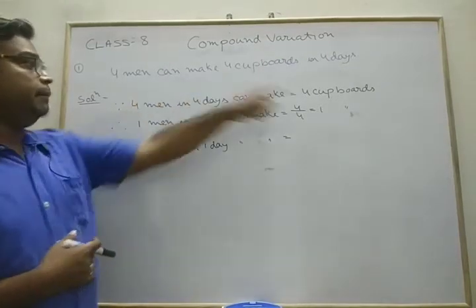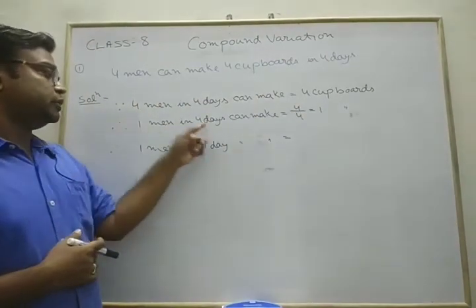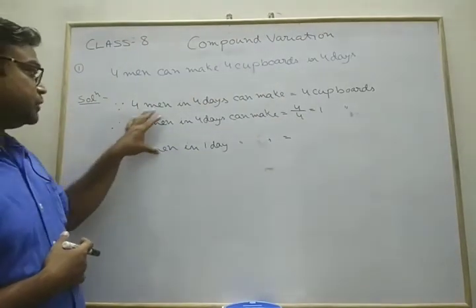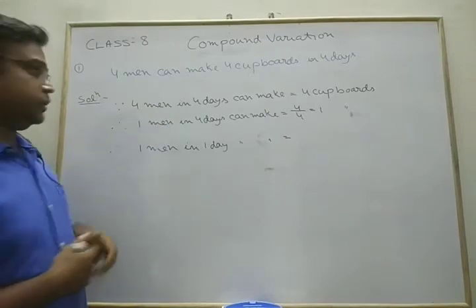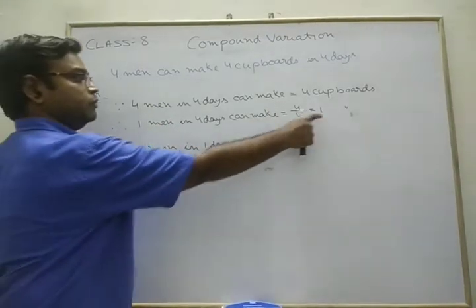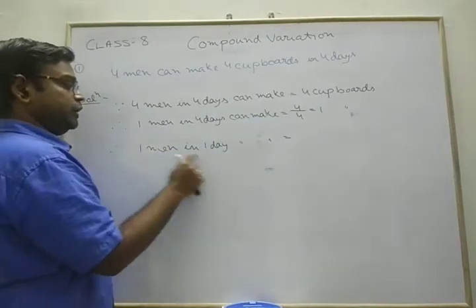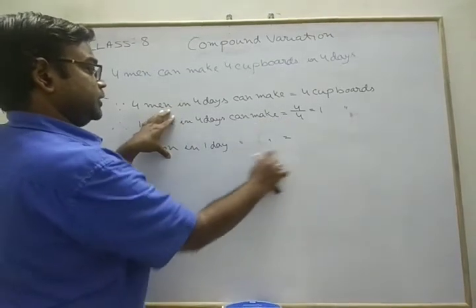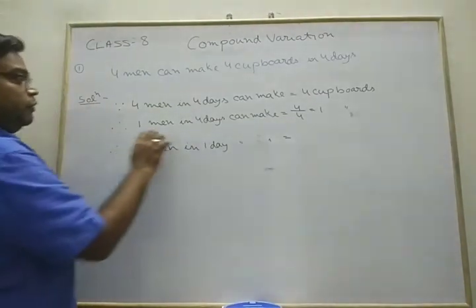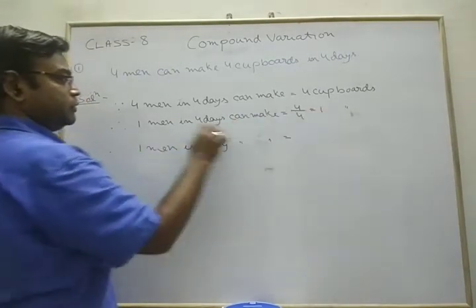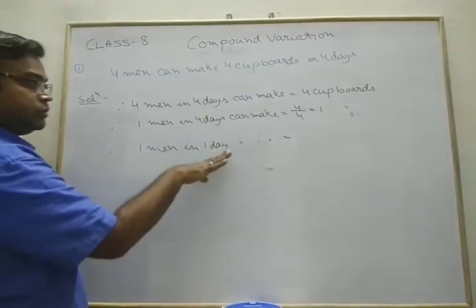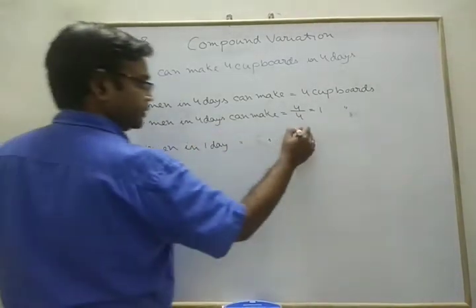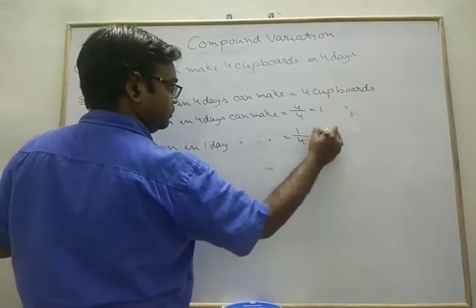So 4 men make 4 cupboards, so 1 man in the same number of days can make 1 cupboard. Clear? Now we keep the men part constant. 1 man in 4 days can make 1 cupboard. So 1 man in 1 day, it's a direct variation. When we decrease this one, this part also decreases. It's a direct variation. 1 upon 4 cupboard.